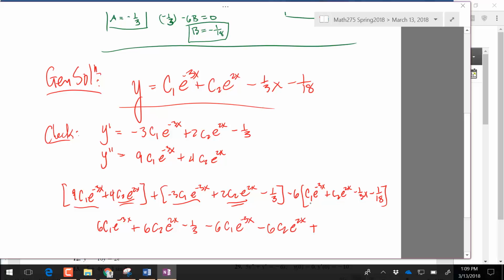Minus minus is a positive. This is going to be 2x, and this is going to be positive 1/3.